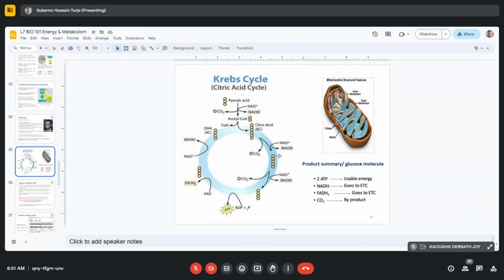See how it's cycling. This is broken down, this is broken down, this is broken down, and then it goes back, reforms with the acetyl coenzyme A, on and on and on. That's why we call it a cyclic process. Because whatever product is formed from the breakdown of citric acid, other than carbon dioxide, which could be the 4-carbon molecule, goes back and reacts with acetyl coenzyme A to again form citric acid.